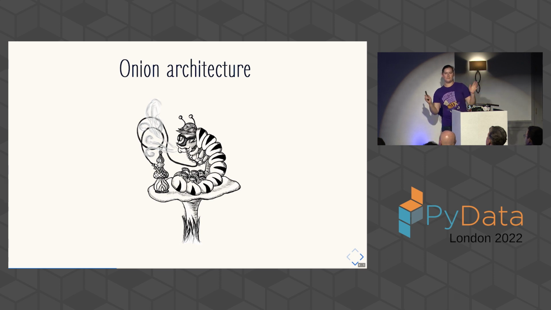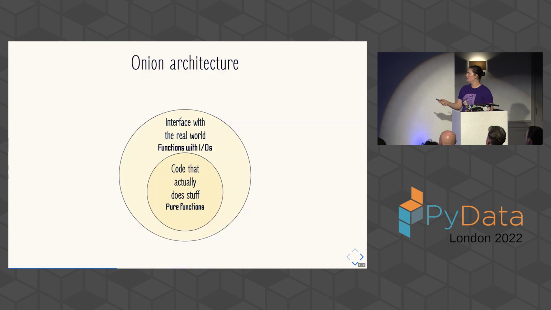So onions for computer scientists are like trees for computer scientists, that is to say, quite simplistic. They've got two layers. The idea is that you'll put all of your IOs as high up in the abstraction of the code base as possible.